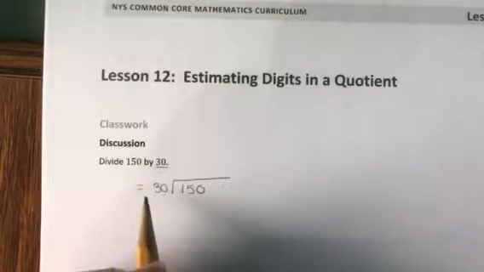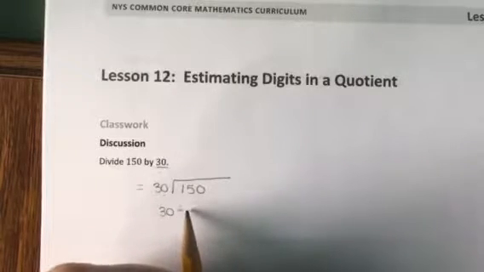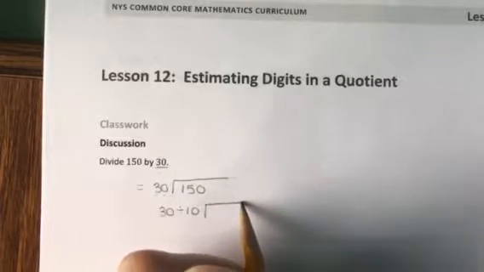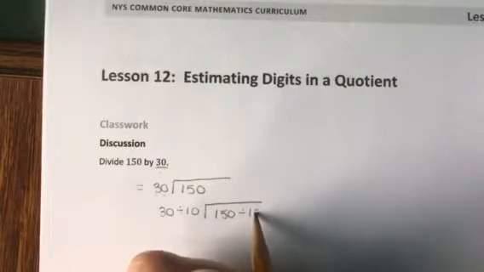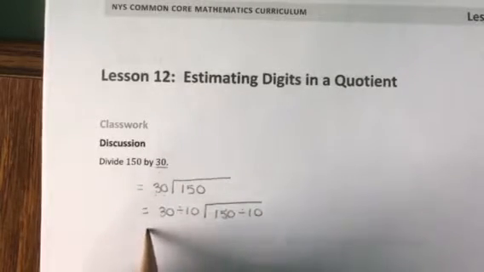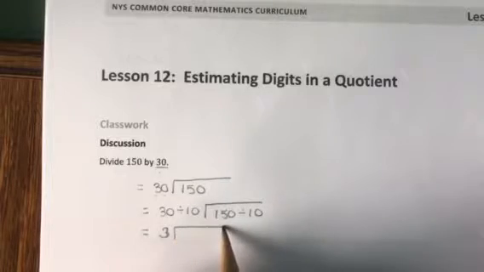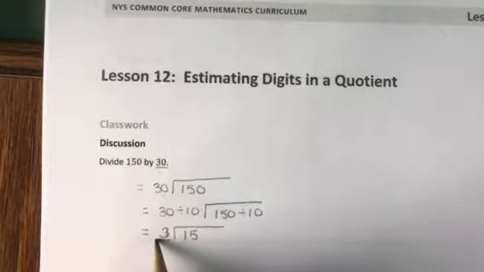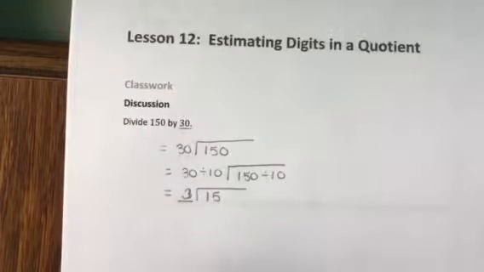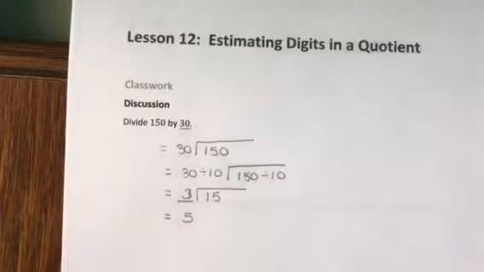The beauty of this is that I can take 30, divide by 10, and also take my dividend, 150, and divide by 10. 30 divided by 10 is 3, and 150 divided by 10 is 15. So now I do have my single-digit division. 15 divided by 3 is equal to 5.